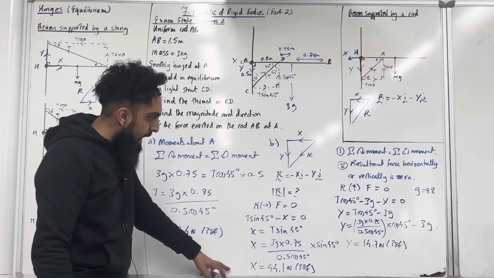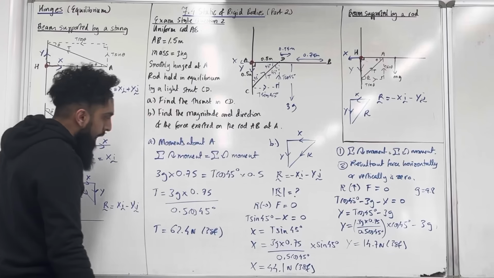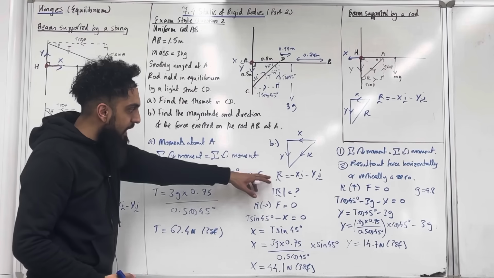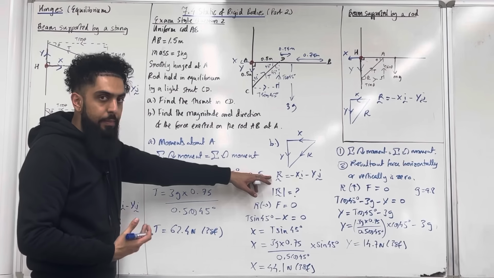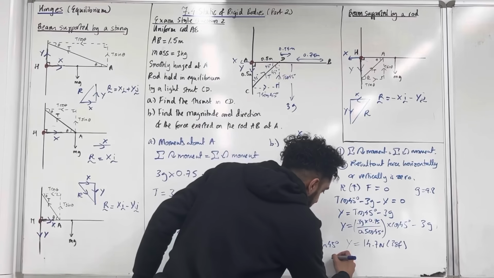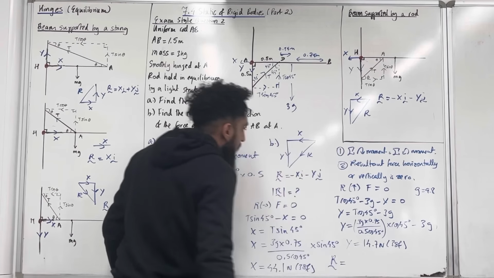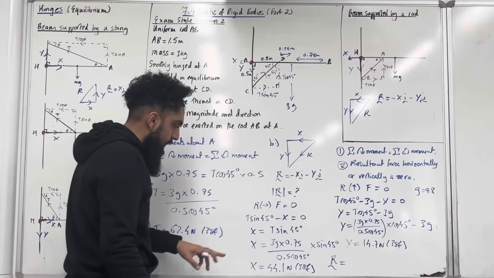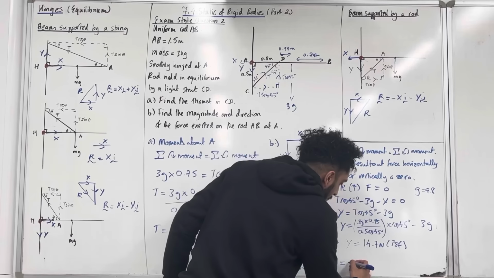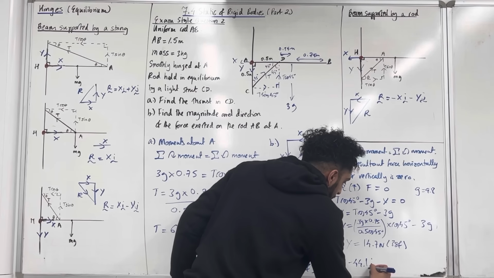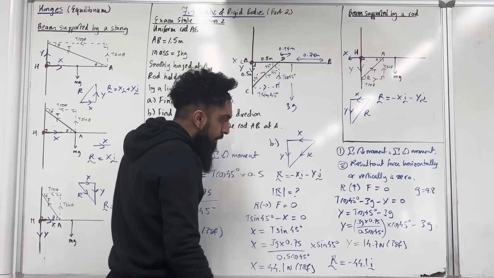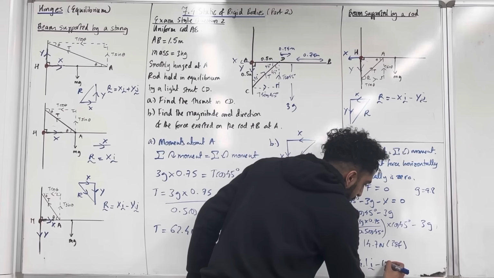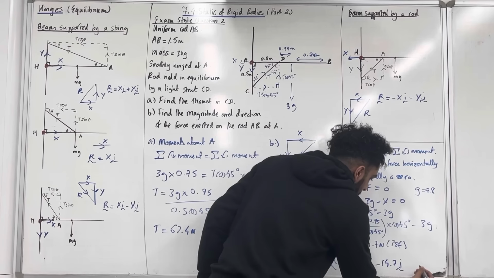So I've got my x, I've got my y. Now I can write down the complete vector for the resultant reaction. So that complete vector R is going to equal minus x, so minus 44.1 i, minus y, which is minus 14.7 j.